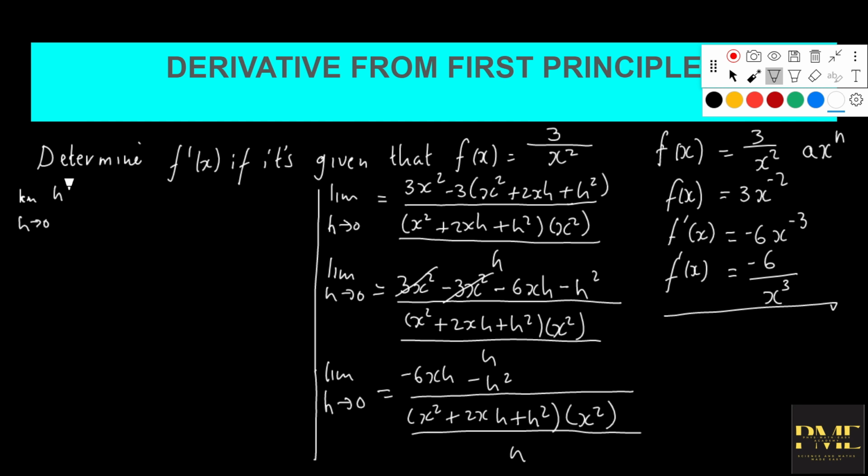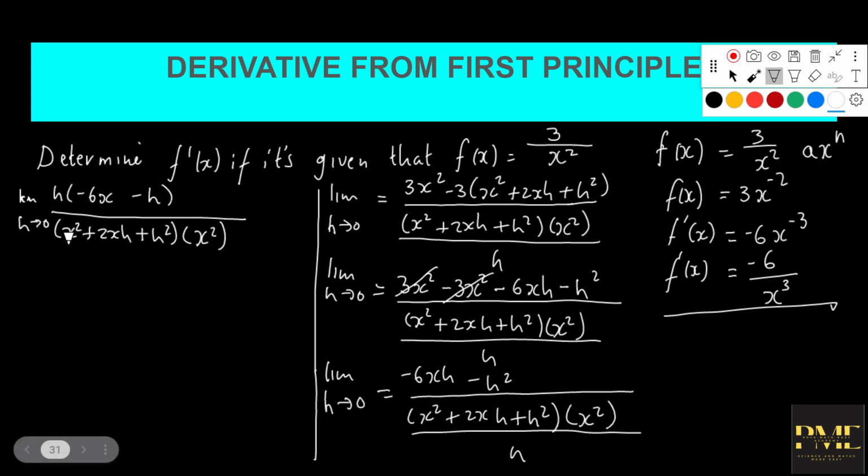Right, so we have h into -6, because when we take out the h here we are left with negative 6x minus, and then when we factor out h here we are left with only h, right? And this is all over, okay, x squared plus 2xh, okay, plus h squared into x squared, all over h, guys.